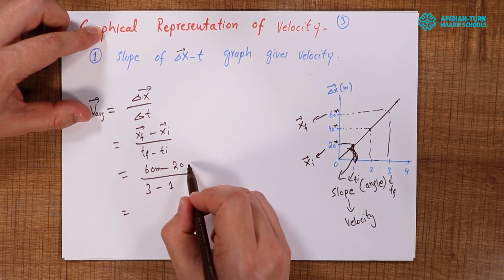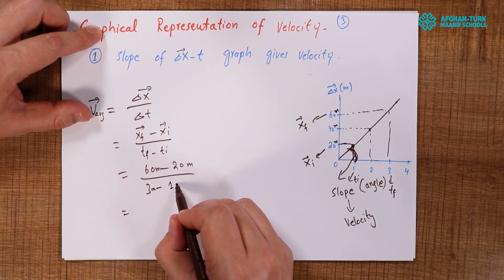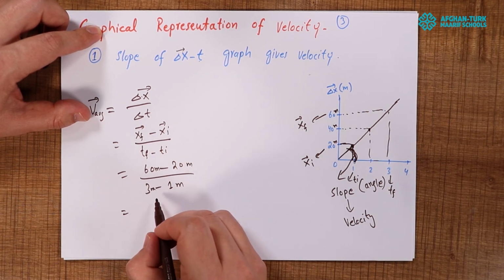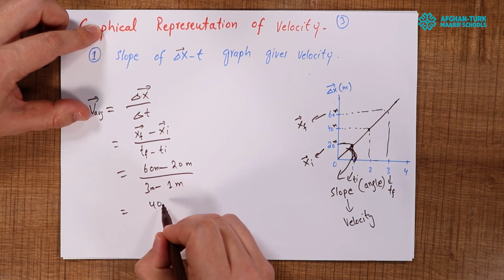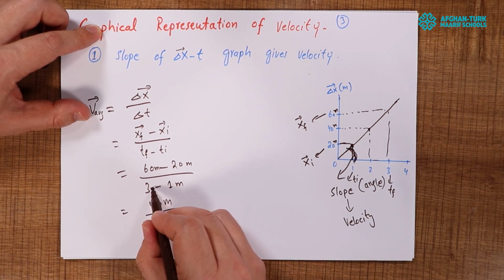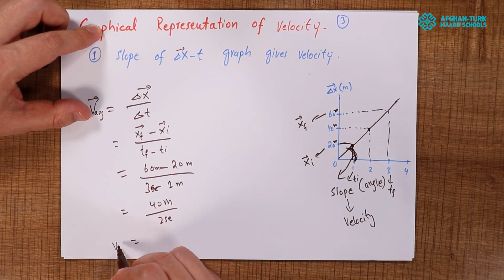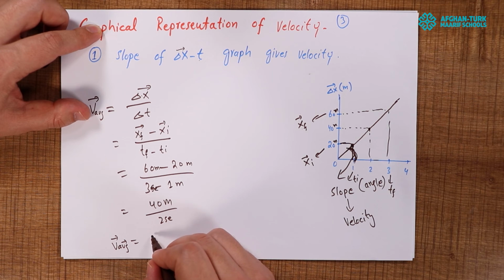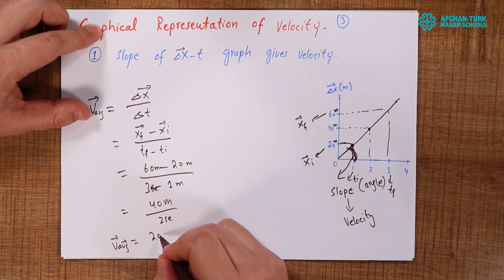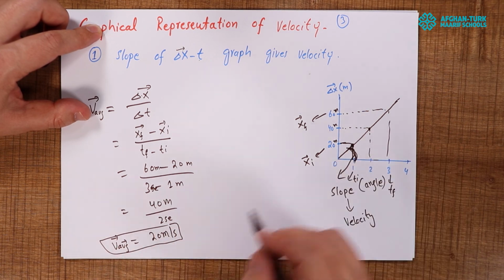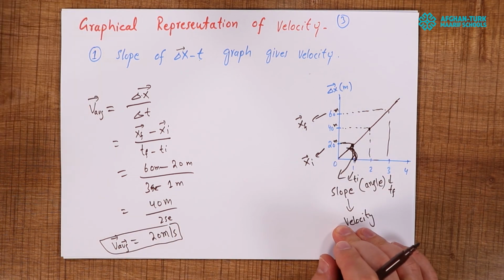So this is equal to 60 minus 20, which is 40 meter, divided by 2 seconds. So it gives us the average velocity. 40 divided by 2 is how much? 20 meter per second. So this is the graphical representation of the velocity.